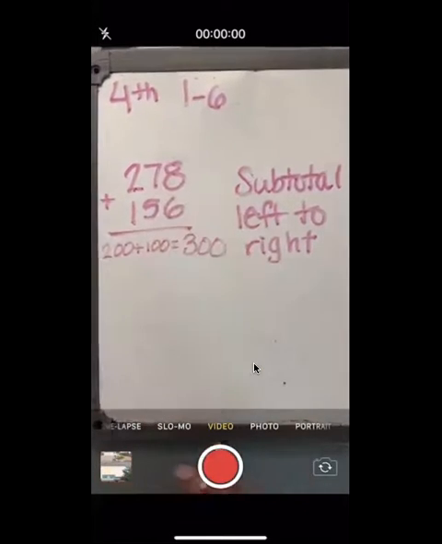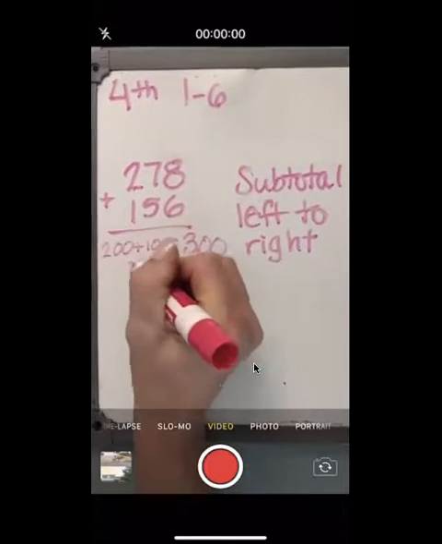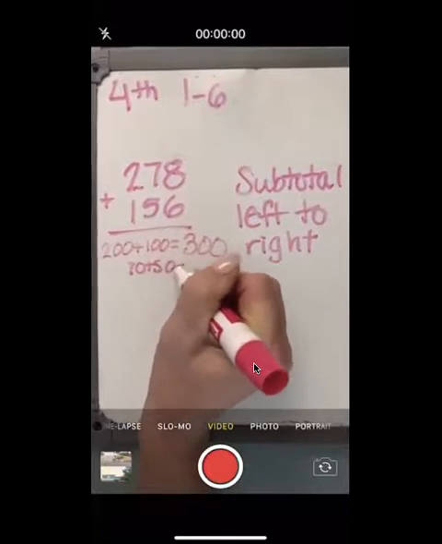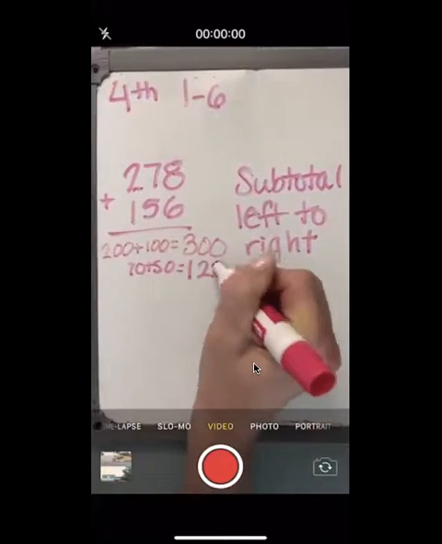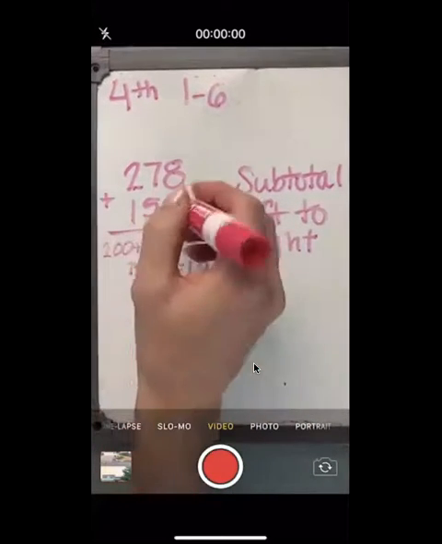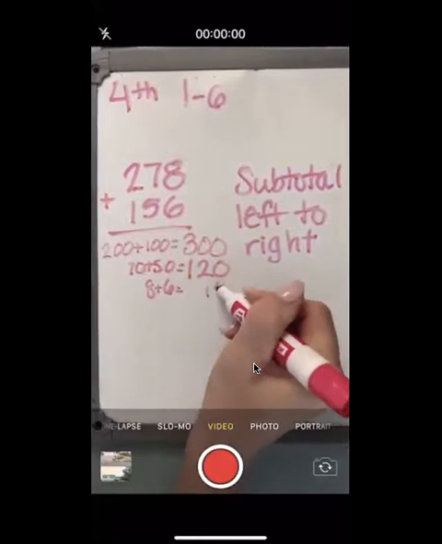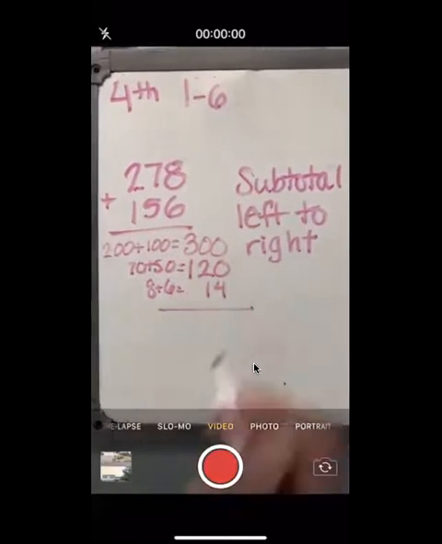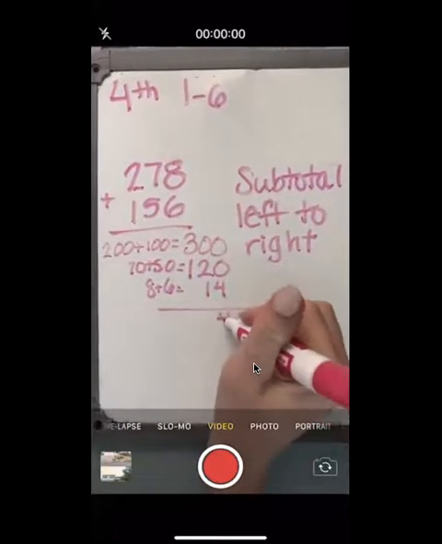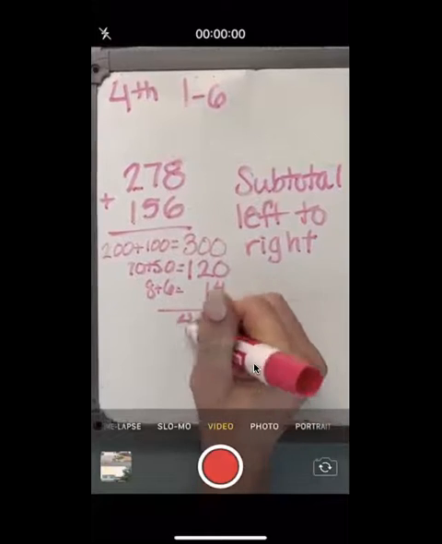7 plus 5 is not just 7 plus 5. It's 70 plus 50, and that gives me 120. And then my 8 and 6 are 1s, so that gives me 14. Now I have 4, 3, and 4.